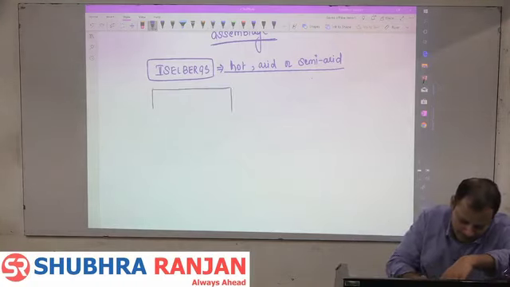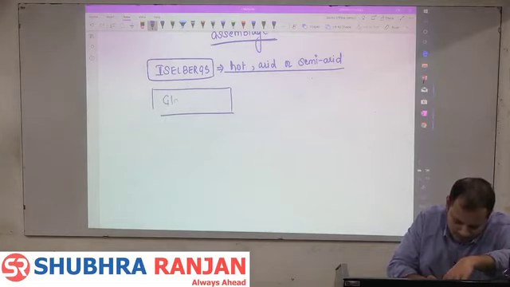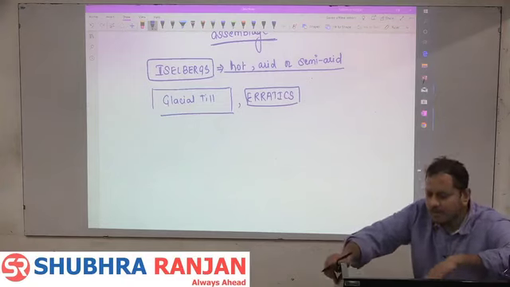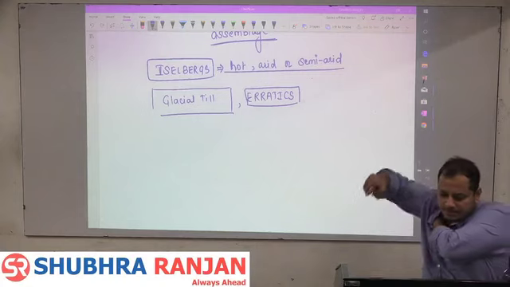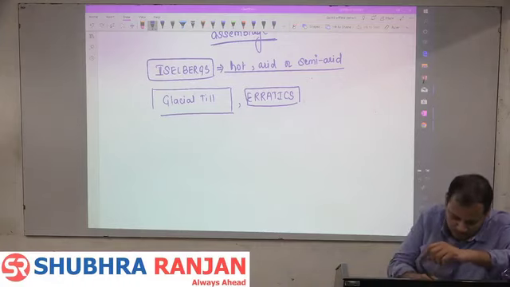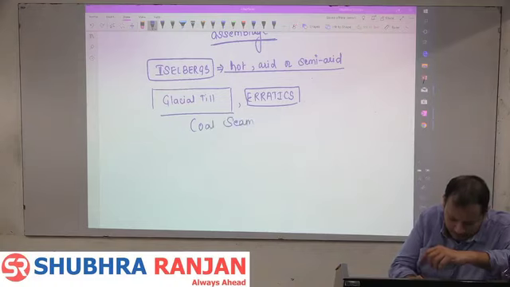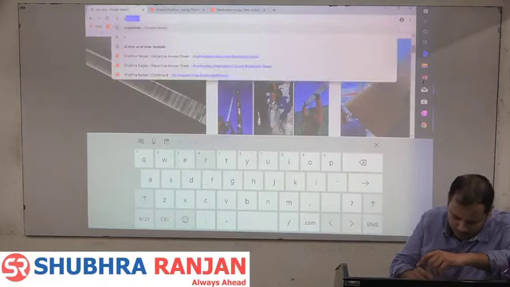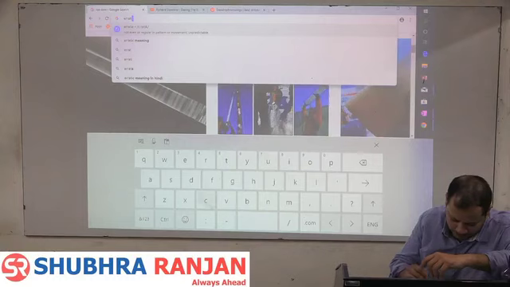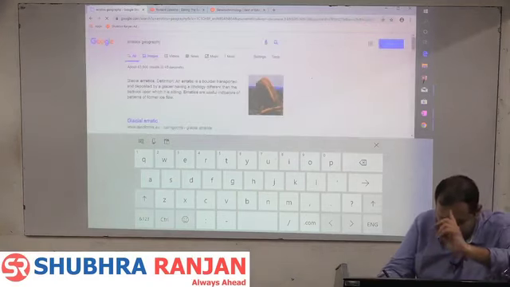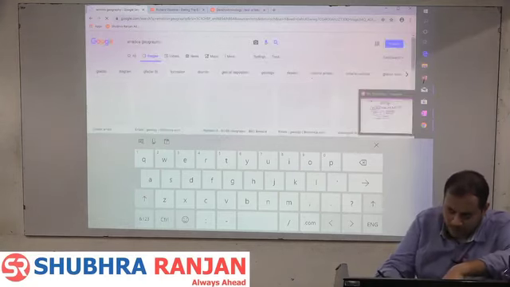Second, the presence of glacial till erratics in peninsular India, especially in the coal seams, coal blocks of Gondwana Plateau, comma Talcher, shows that, Talcher, I'll write.